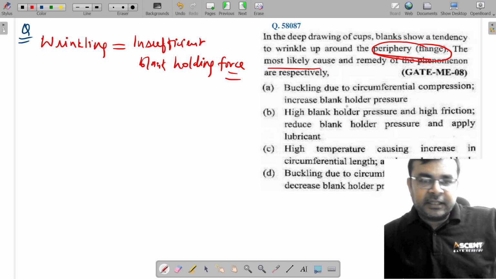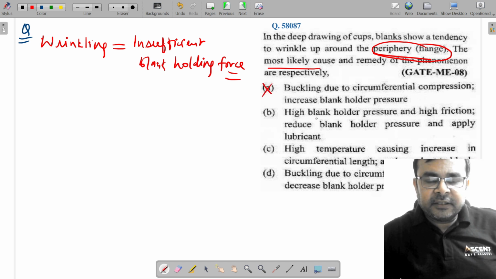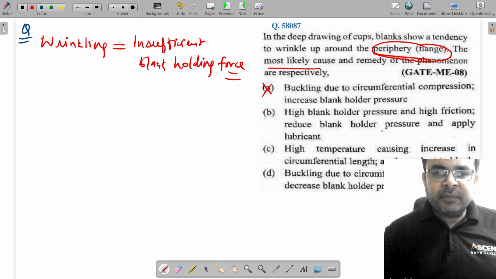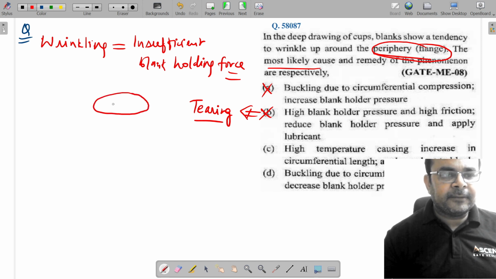So let's see which one is the correct answer. Buckling due to the circumferential compression, not runs. Incorrect answer. High blank holder pressure and high friction. High blank holder pressure causes the tearing defect. Tearing defects means, let's say this is your flange and this is your cup.